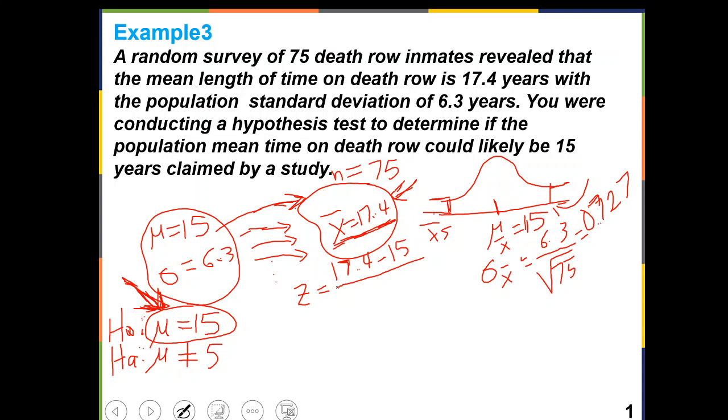That's how far from 15 it is, 17.4. But how many standard deviations is that? Well, I don't mean this is standard deviation. I mean this one, right? Which is 0.727. And that number, if you put in a calculator, is going to be, well, let's see.